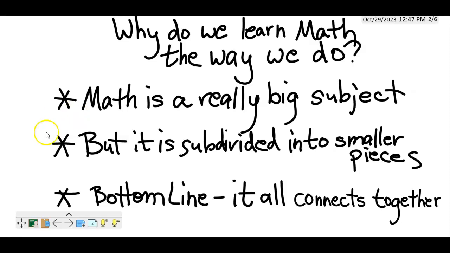It is subdivided into smaller pieces, starting with things like algebra, linear algebra, calculus. Those are the larger branches of mathematics. And then you break those larger pieces down into smaller pieces like Algebra 1 and Algebra 2.